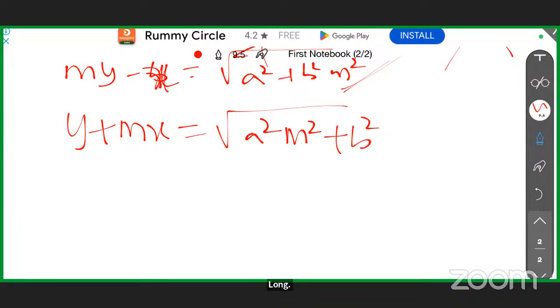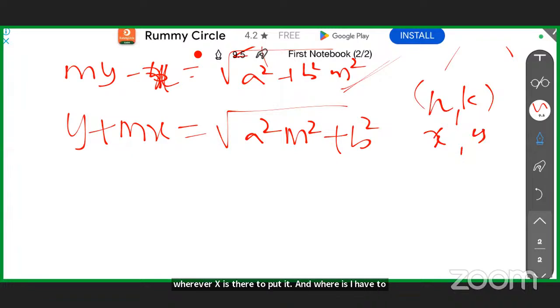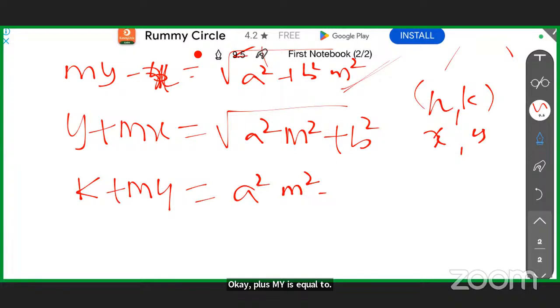So now I have taken my point (h, k). This point (h, k) has to satisfy the equation. Wherever x is, I have to put h, and wherever y is, I have to put k. So this will become k plus mh is equal to root of a square m square plus b square.